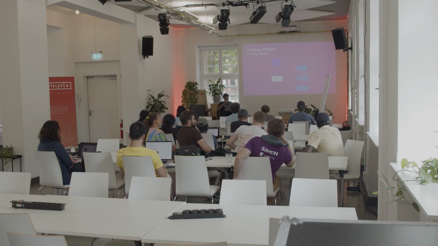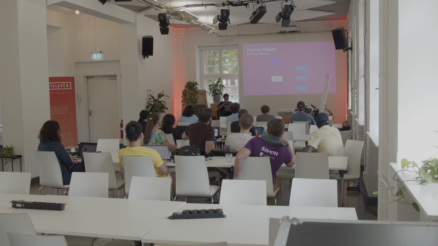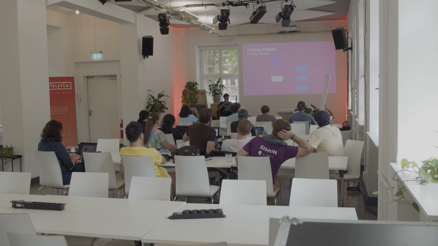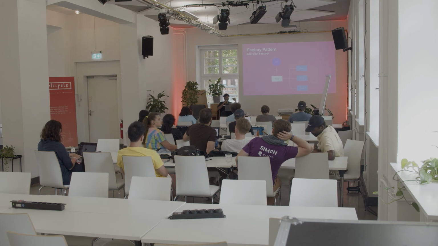So here's a little diagram of how it could be used in practice. This is how we have it in our Launchpad. So you can have some kind of DAO, a multi-sig or governance module that is responsible for instantiating the factory. And then the factory is the one that creates, in this case, minters. And you can have different types of factories that create different types of minters.